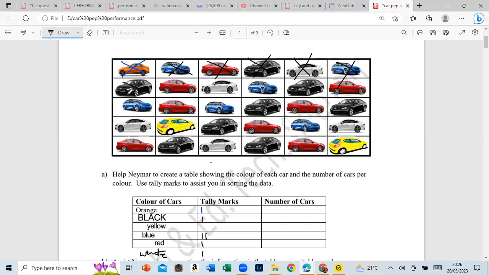Blue, black, and then red. Why am I doing it so, guys? To minimize mistakes. It's very easy to make a mistake. I was doing this in my class and I made mistakes several times. Blue now, cross it off, put one there. Alright, red.